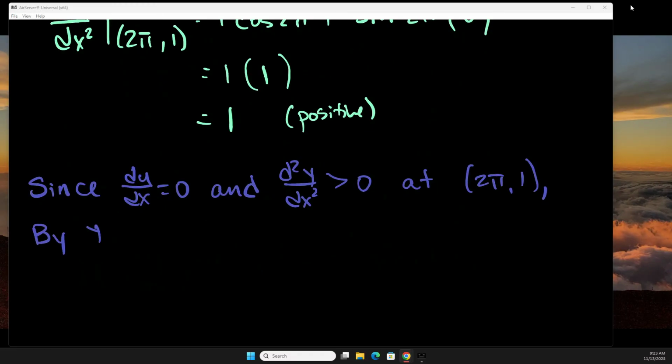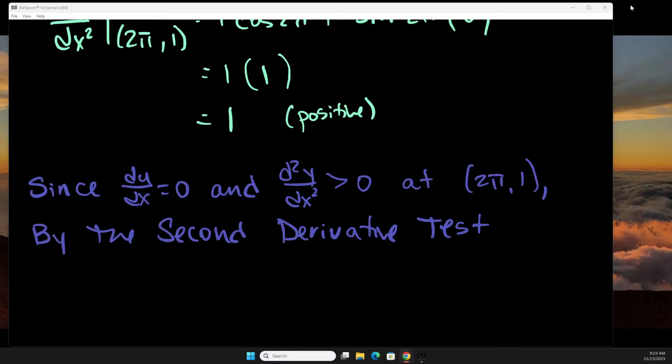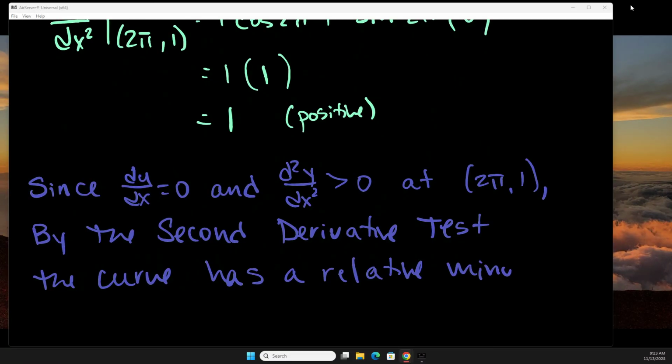So by the second derivative test, and this is where we have to say the curve, it's not called anything, so we're going to say the curve has a relative minimum at (2 pi, 1). Okay. What questions do you guys have?